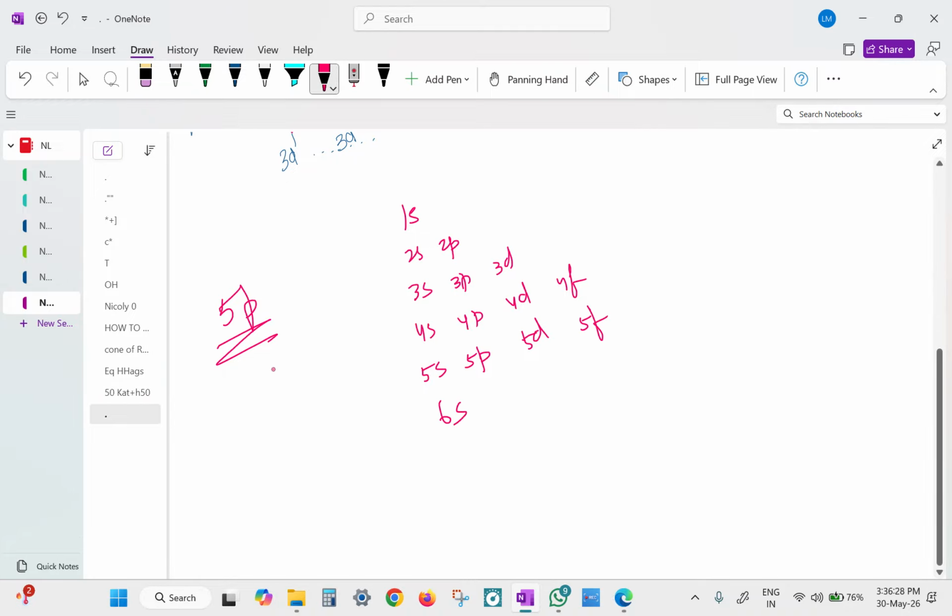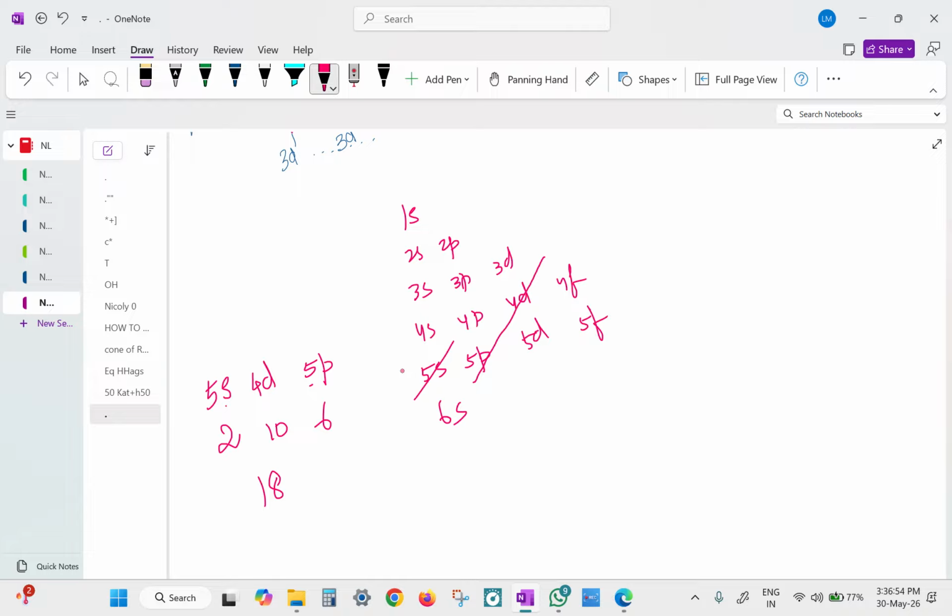Now the question is, in the 5th period, how many elements are present? The 5th period will start with 5s and end with 5p. In between, after 5s comes 4d and 5p. So 5s, 4d and 5p: 2 plus 10 plus 6, 18.